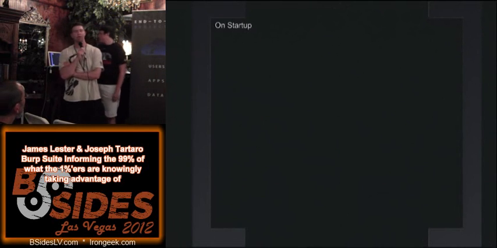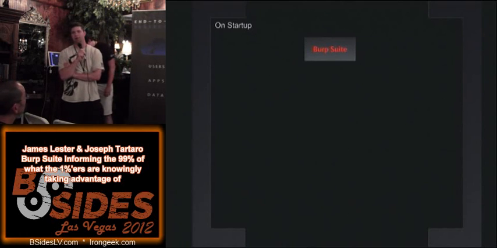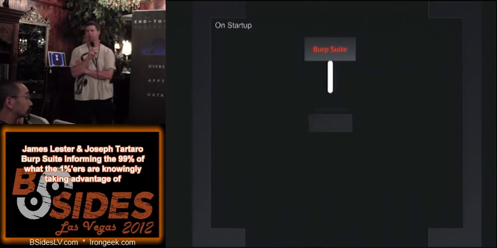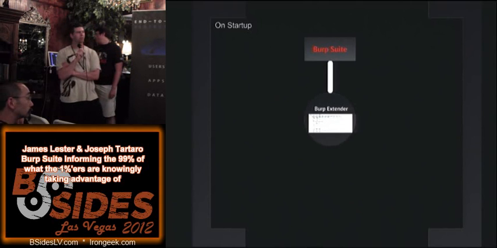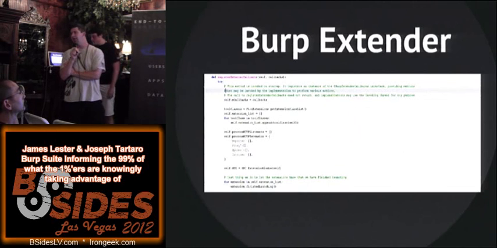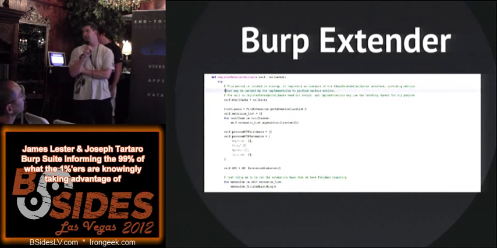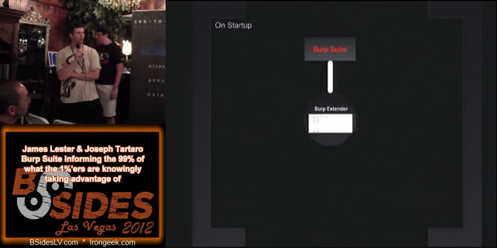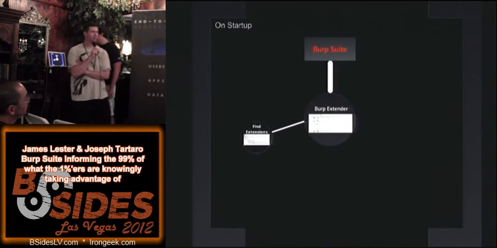So basically, to give you an idea of how our extension runs, or at least starts: on startup, Burp Suite is going to start. And one of the first things Burp Suite does when it starts is it calls the register extender callbacks method provided by the extensibility. And what we did within this register extender callbacks, or at least one of the first things we did, was we want to go out and dynamically load and find extensions.